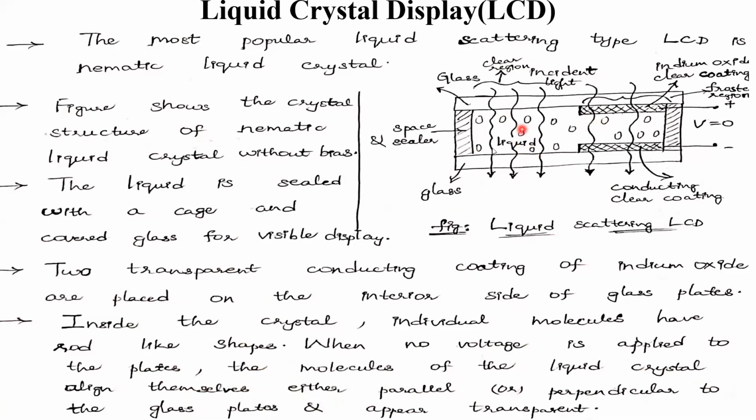With respect to these glass plates, these molecules are going to align, maybe in the parallel format or in the perpendicular format, and those molecules appear in the transparent form.